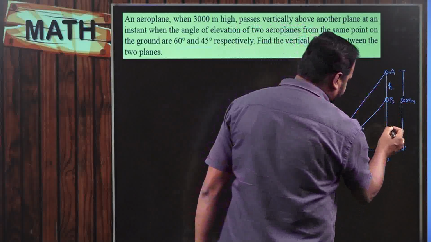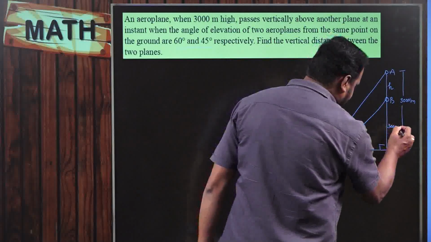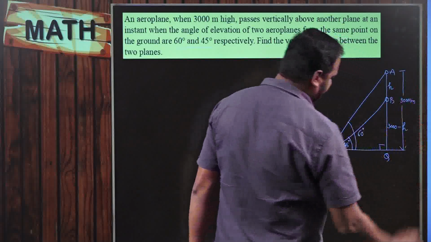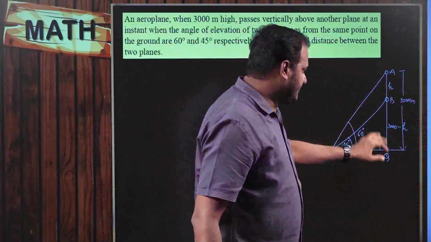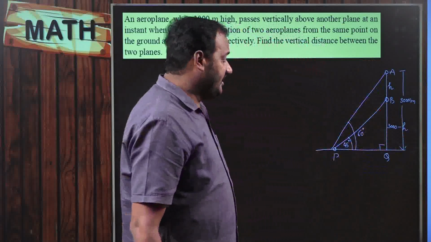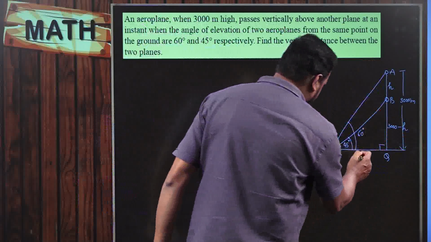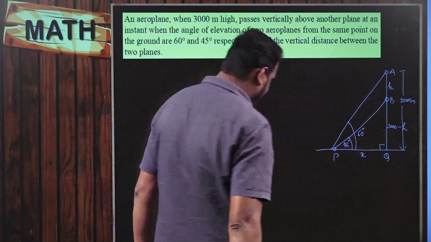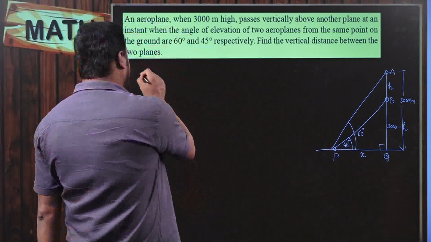This one is equal to h. So this other length is going to be 3000 minus h. Correct? Because this total one is 3000. This is only h. So this is equal to 3000 minus h. And similarly, there are two angles as we already discussed. There are two unknowns. The other unknown is going to be x. Correct?